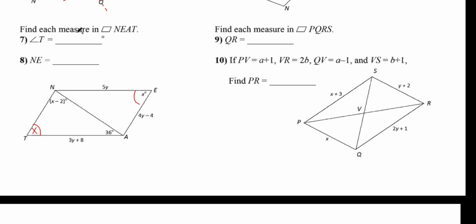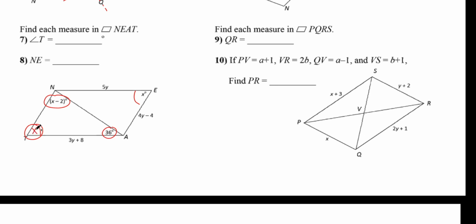X degrees. But that's not really what they want. They want an actual measurement, so you're going to have to solve for x. Knowing that the opposite angles of a parallelogram are equal, if that's x, what happens to all three of those? They add up to 180, because they're angles in a triangle. So you add them all up, set it equal to 180, do some algebra, solve for x, and bam, that's your angle right there.